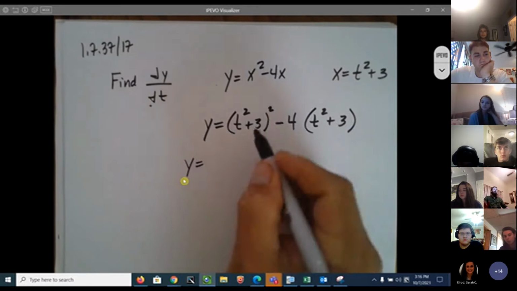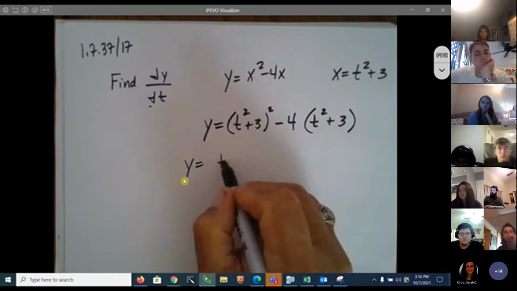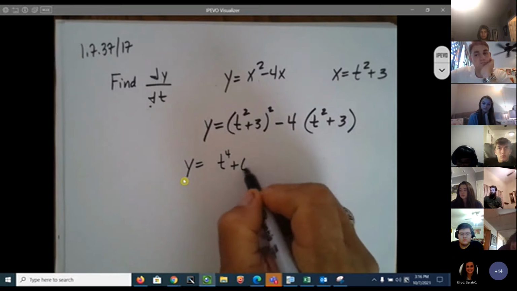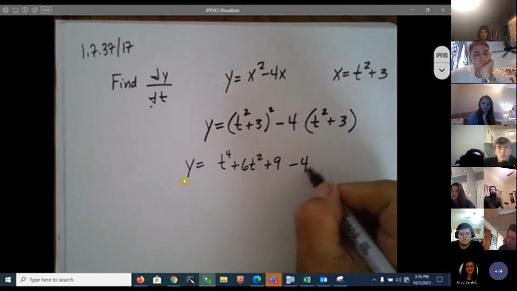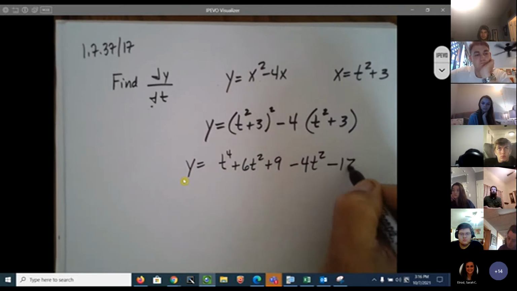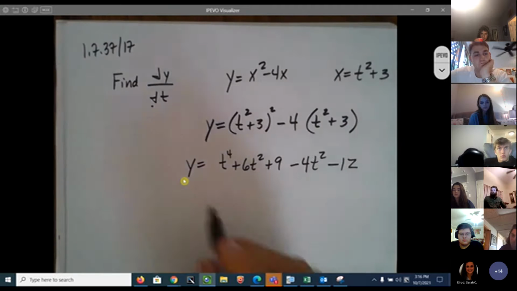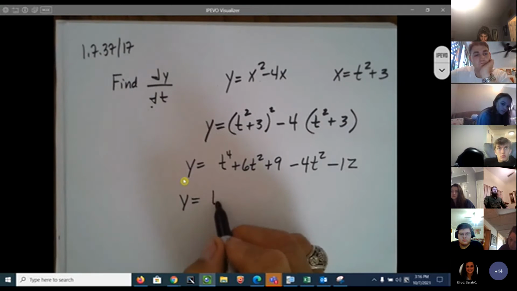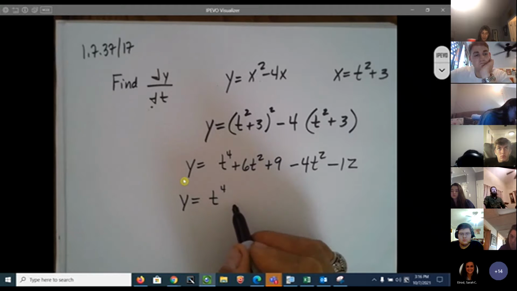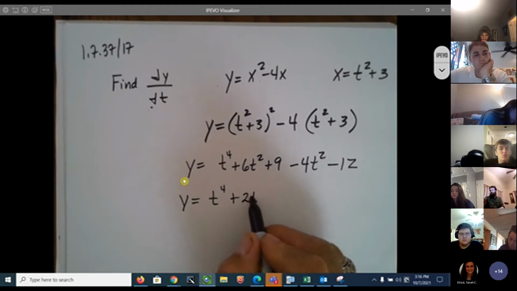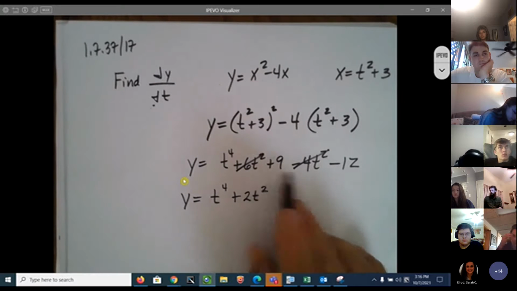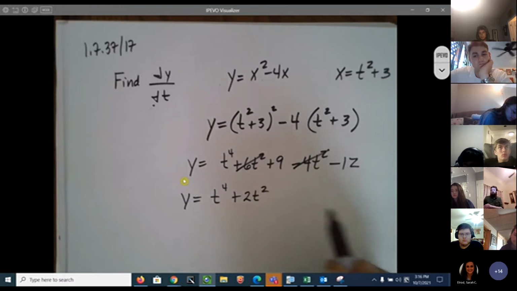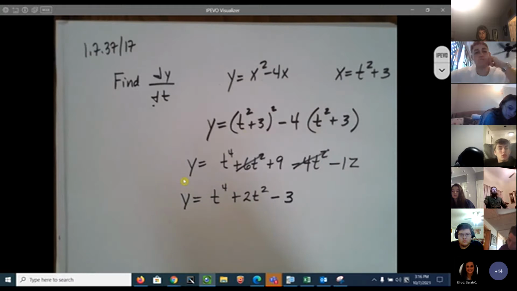Y is equal to, shortcut number 1, t to the 4th plus 6t squared plus 9 minus 4t squared minus 12. Y is equal to t to the 4th plus 2t squared, 9 minus 12 is -3. There, you've done your algebra. Now all you got to do is take the derivative.